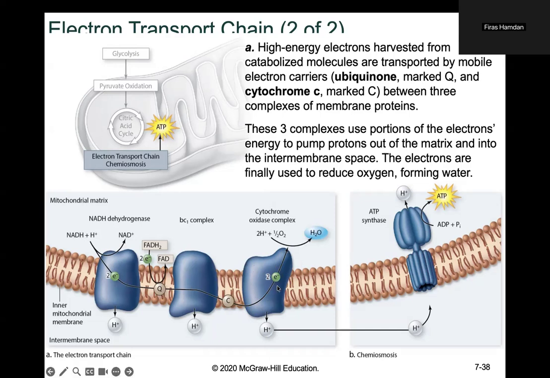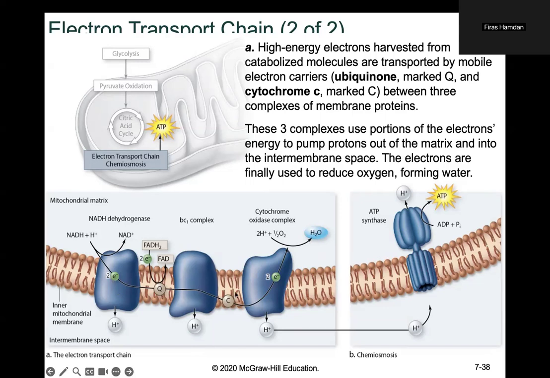So now we pass them to a final electron acceptor. And that final acceptor is oxygen, and that creates water. Remember, aerobic respiration means that the final electron acceptor is oxygen, and you give water out of that.